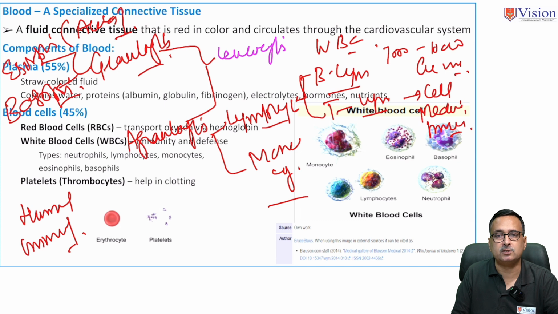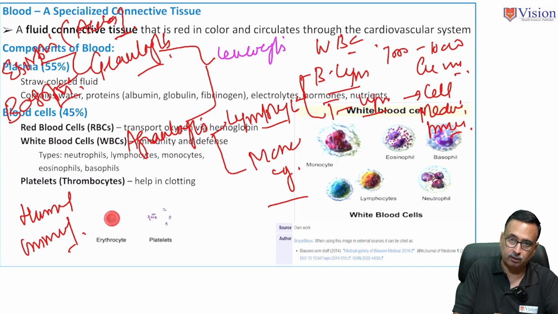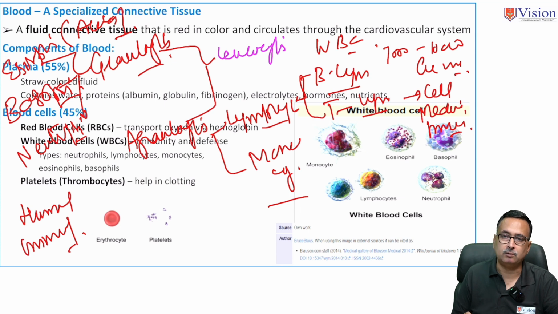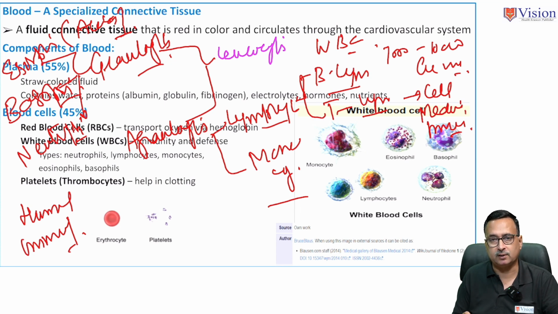These have a function similar to mast cells. These secrete histamine during inflammation. Third category are neutrophils with a multi-lobed nucleus. These have a defensive function. These perform the first line of defense in the body.